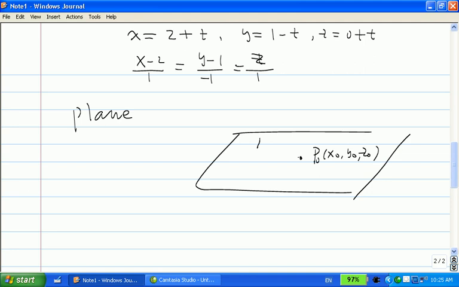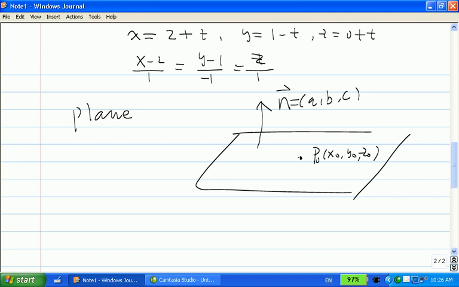Now, if you give me a vector, say this vector n is (a, b, c), and vector n is perpendicular to this plane, we call such a vector a normal vector of the plane. Now you give me two things.